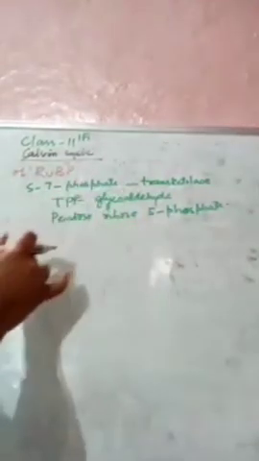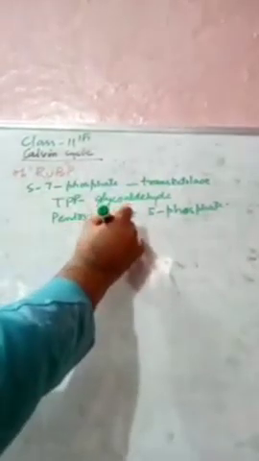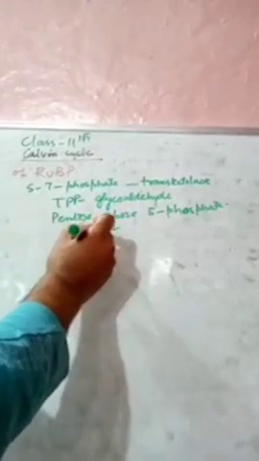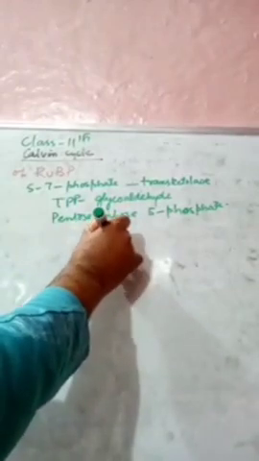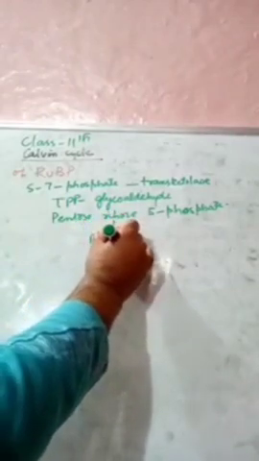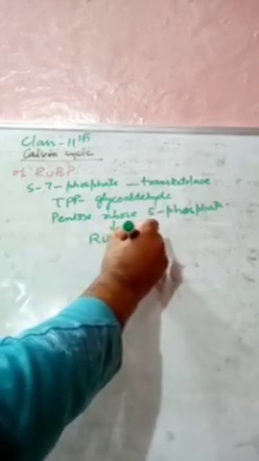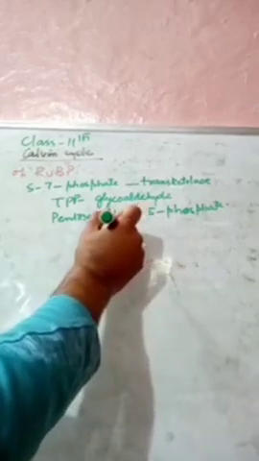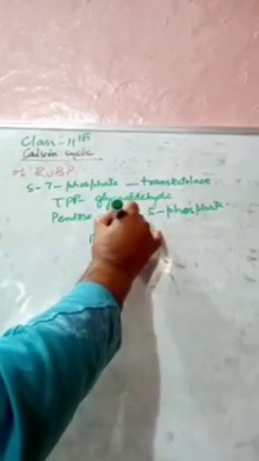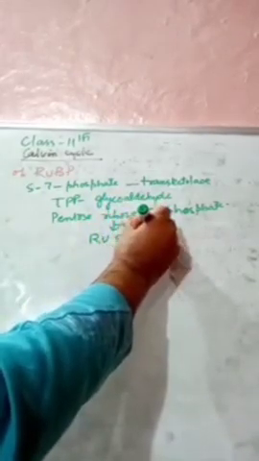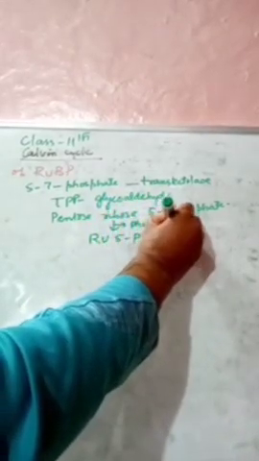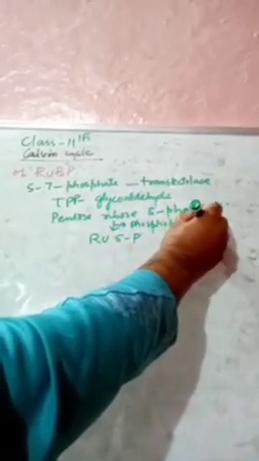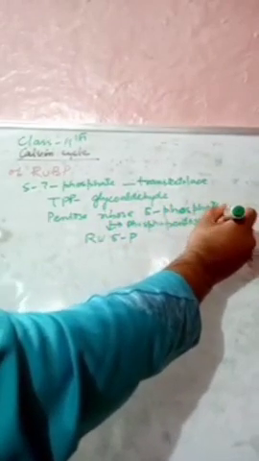And this is then converted into ribulose 5-phosphate by means of an enzyme which is called phosphopentose isomerase.